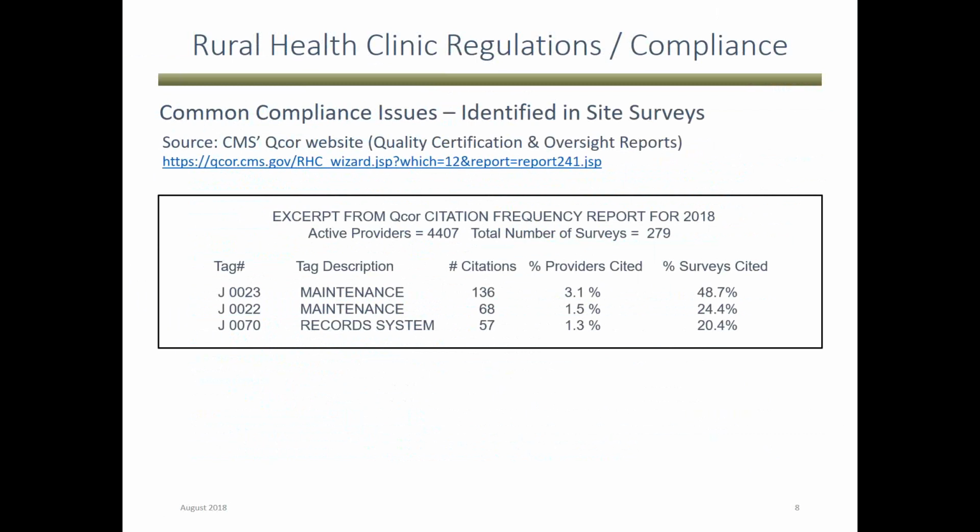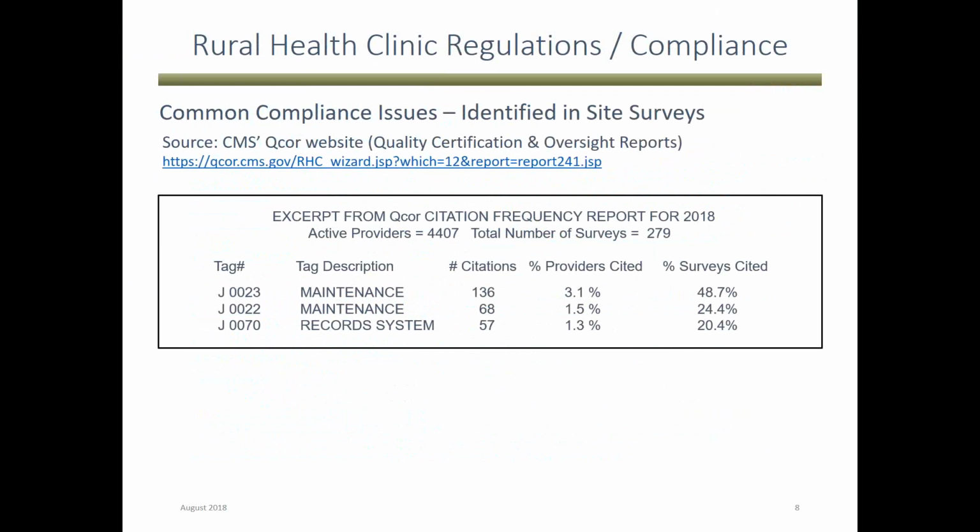The number of providers cited was 3.1. That is not particularly indicative because it's based on the total number of providers. I suppose if they saw that a number of providers had this, that would be meaningful, but the more critical number is to the far right, the percentage of surveys cited.